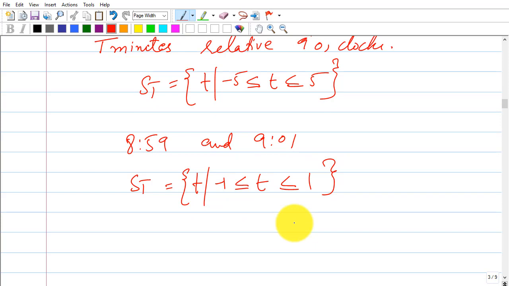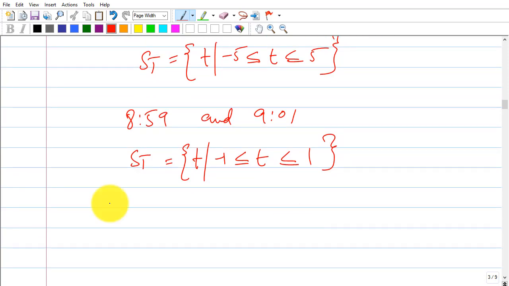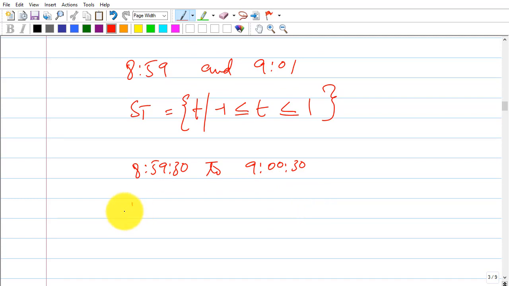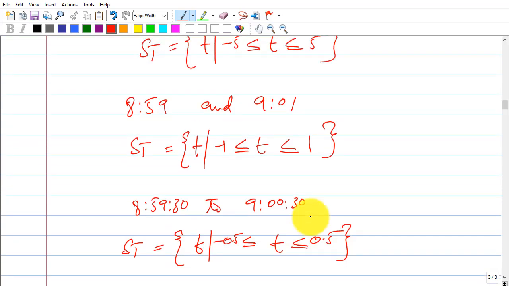Similarly, we can reduce this time further if we want to make it more precise, say the teacher arrives between 8:59 and 30 seconds to 9:00. What is the range now? This time interval is t less than or equal to 0.5 minutes, greater than or equal to minus 0.5. Now if we just imagine what's happening, why we have done this.